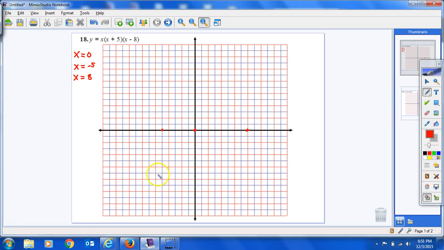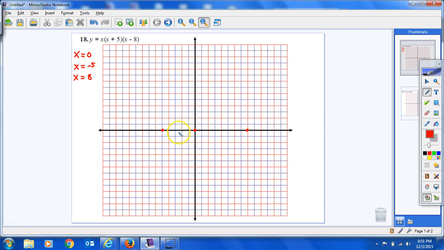So those are my zeros or x-intercepts. And now, remember, I'm going to begin by trying to figure out what happens in the range in between the x-intercepts. So I'm going to start over here between the x-intercept of -5 and the other one of 0.